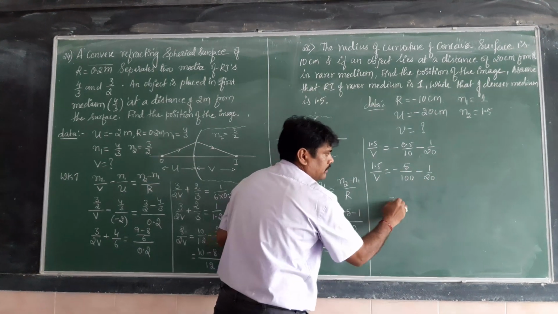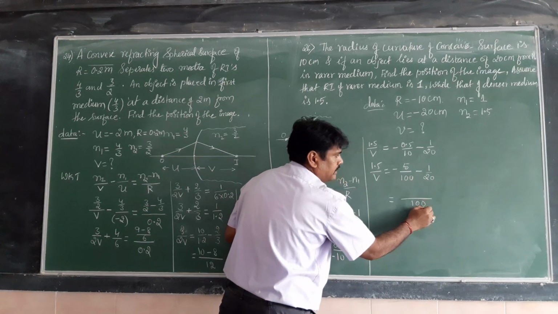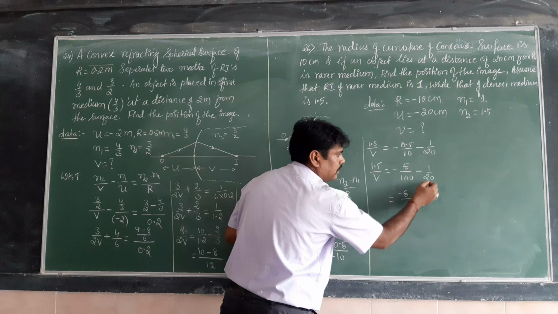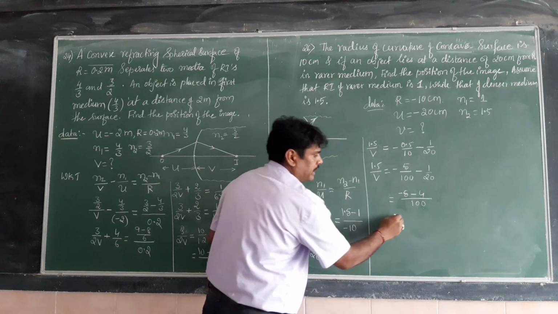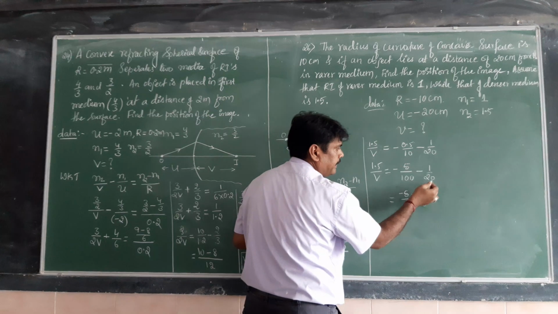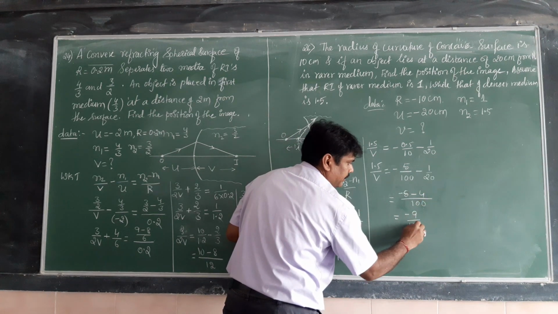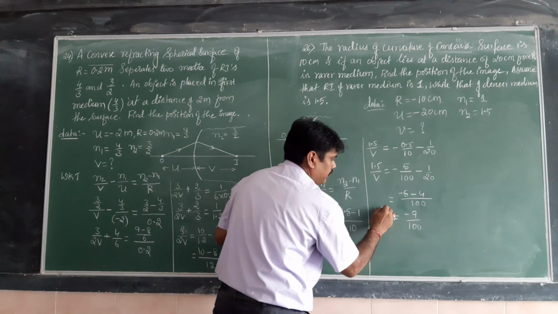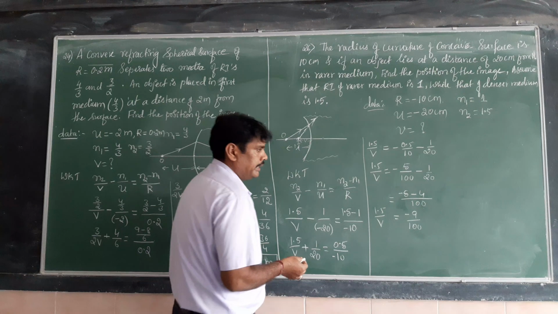Now take LCM. 100 is the LCM. 100 ones are 1 into 5 is minus 5. 20 fives are 100, so 5 into 1 is 5, giving minus 5 and minus 4, which is minus 9 divided by 100. So 1.5 divided by v is equal to minus 9 by 100.